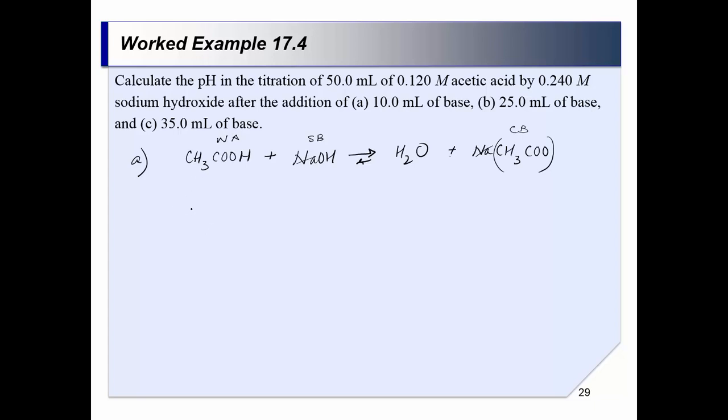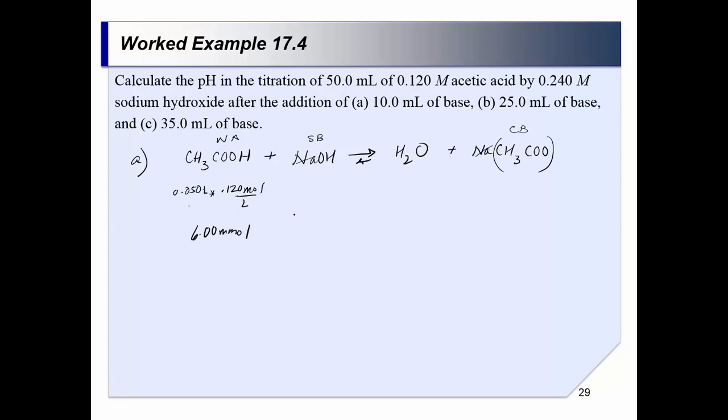I currently have 0.050 liters times 0.120 moles per liter. To be consistent with your book, I'm going to just use the millimoles. And that would be 50 milliliters. That would be 6.00 millimoles of my weak acid.